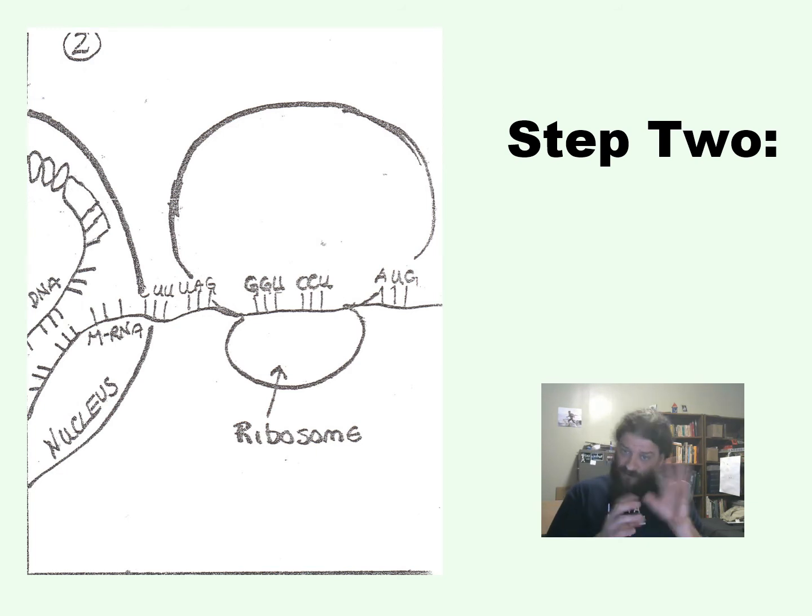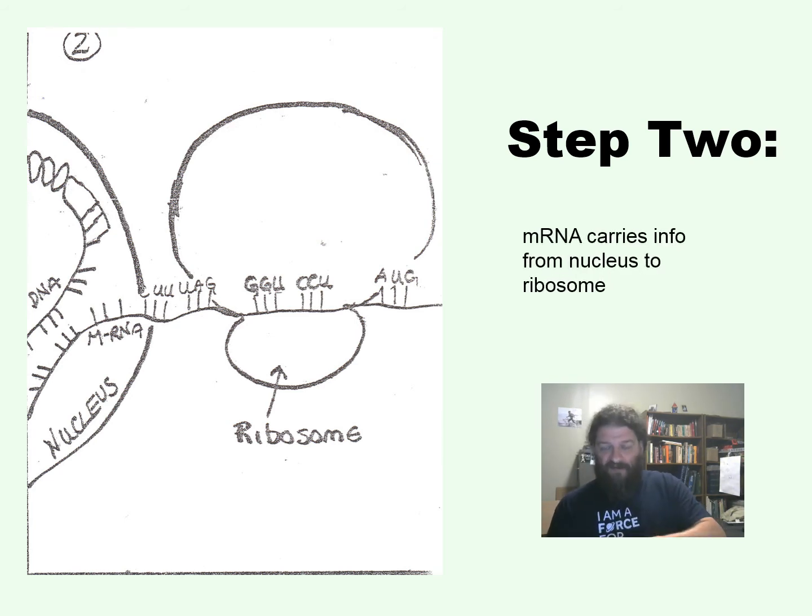They are two subunits. One is bigger than the other, so it looks a little bit like a lopsided peach. And there's a groove in the middle where the messenger RNA can nestle. This is where the shift from the sequence of bases to the sequence of amino acids is going to be made here at the ribosome.